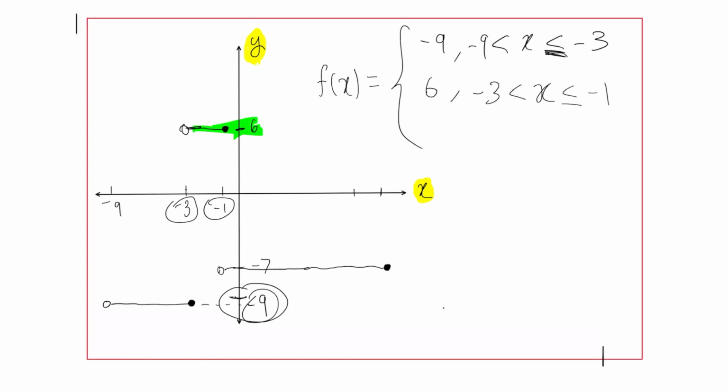We're not including -3. And then we head down here, and we see we have another constant function, -7, that makes up this piecewise function. And we are excluding -1. See, it's unfilled here. So for all x greater than -1, not including -1, all the way up to 9, including 9.